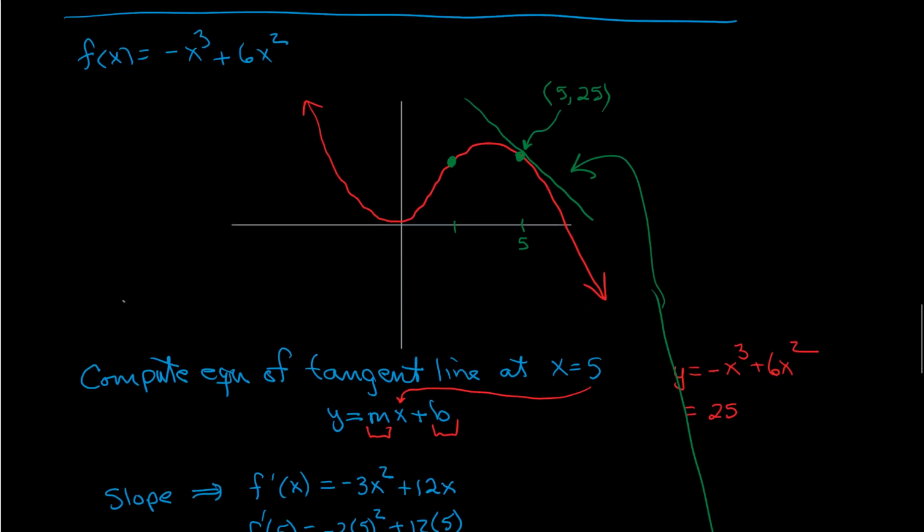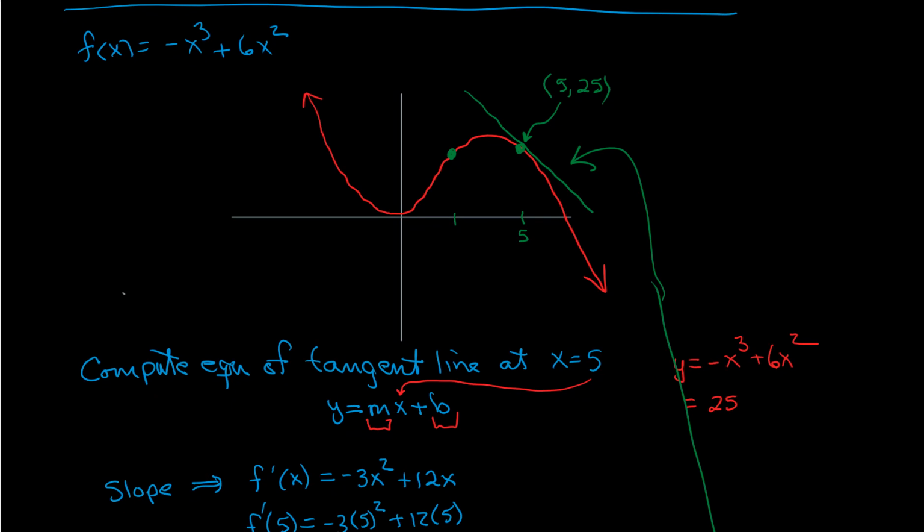With these derivatives, a very important thing that we can do is use the derivative to get the slope of a tangent line at a specific point. For example, let's take the function of minus x cubed plus 6x squared.